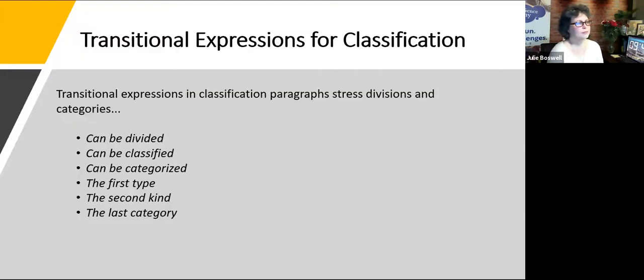Sometimes they kind of make their own way because one is related to another topic and it just flows better that way. Your book lists transitional expressions in classification paragraphs, which stress divisions and categories: can be divided, can be classified, can be categorized, the first type, the second kind, the last category.